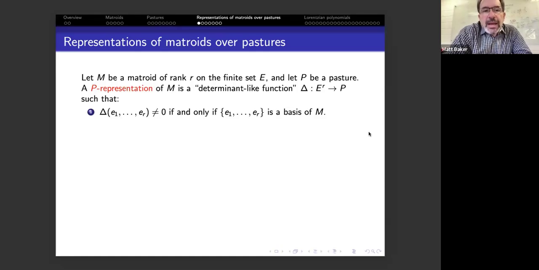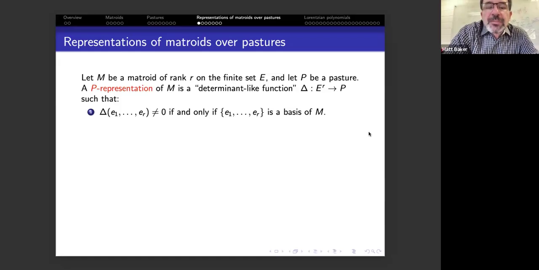And we want to define a representation of M over P. Now, it's not really a good idea to define it as a matrix per se, because you can't really define determinants of matrices in this generality, because we don't have the notion of addition. So what we really want in the end of the day are determinants of matrices, not matrices themselves. So we simply hardwire it.